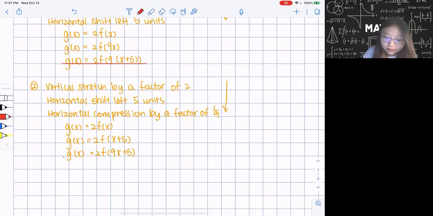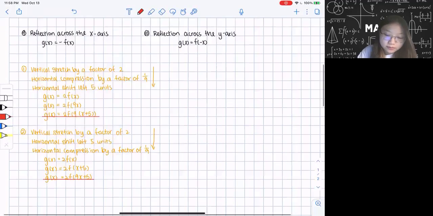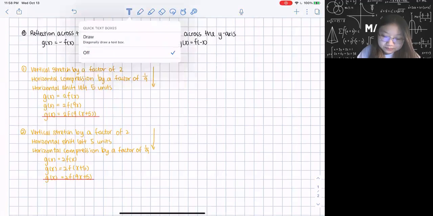And then over here, I'm getting g of x equal to 2f of 9x plus 5 because I'm having x plus 5 first, and I'm gonna put that 9 next to my x, not next to my x plus 5, but next to my x. So hopefully that makes sense. As we do more examples, you're gonna understand that more. So let's continue.